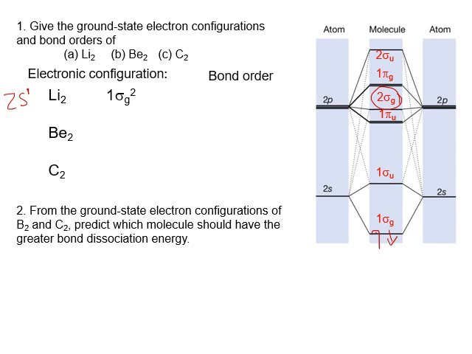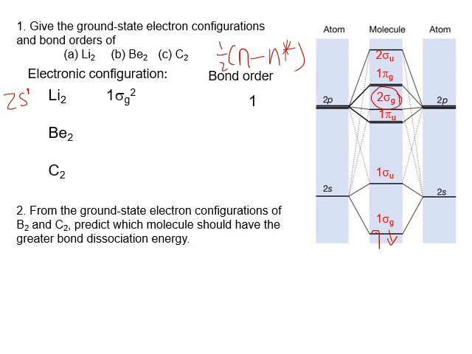The bond order is calculated by half the number of electrons in the bonding minus antibonding. In this case, there's no antibonding electron, so half times 2 electrons gives you bond order 1. Now, if you are not familiar with this material, please watch the video of lecture notes.